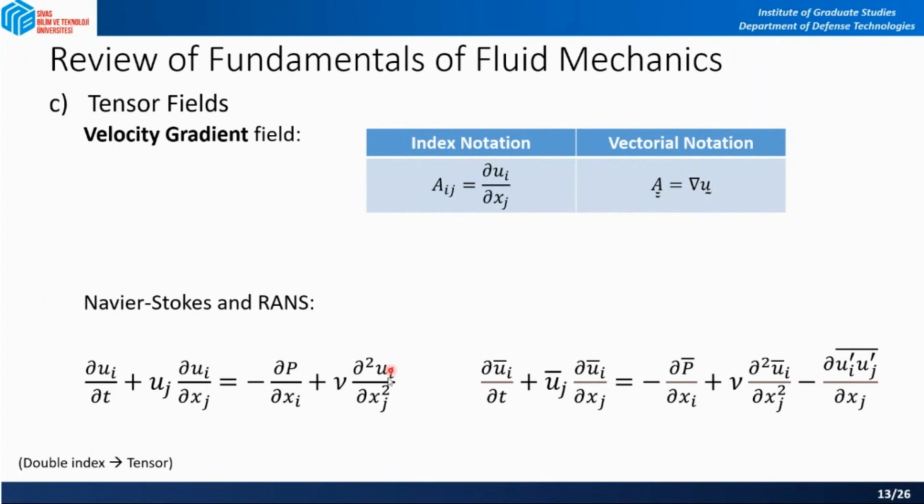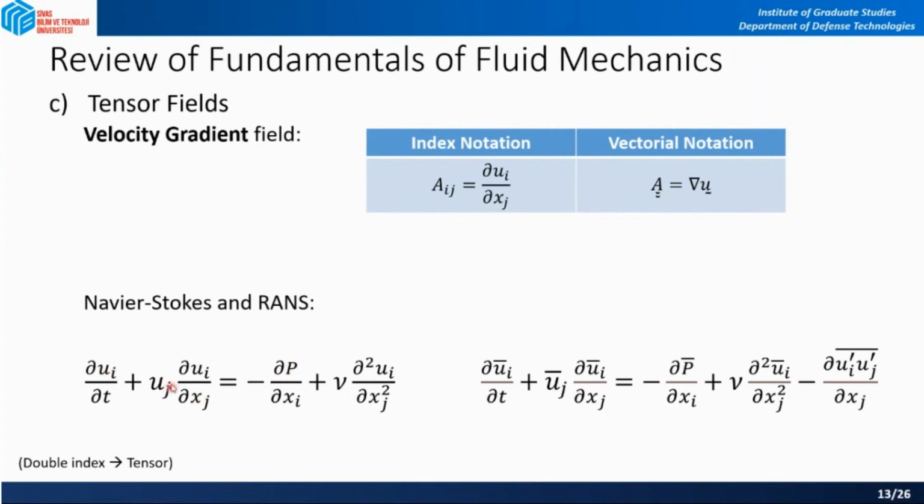When we write Navier-Stokes equations, to be able to solve or model the turbulence, you have all those things that we just talked about. You have scalars like this pressure in here.